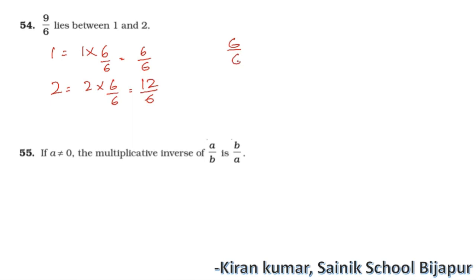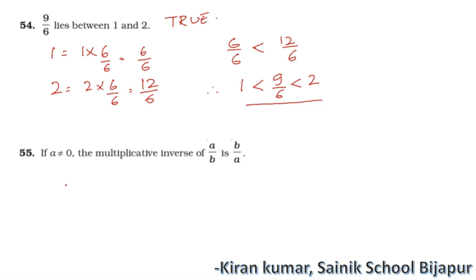And clearly 6 by 6 is a number smaller than 12 by 6. And between them there is 7 by 6, 8 by 6, 9 by 6, 10 by 6 and 11 by 6. So we have 1 less than 9 by 6 less than 2. It's very clear. So the given statement is a true statement.